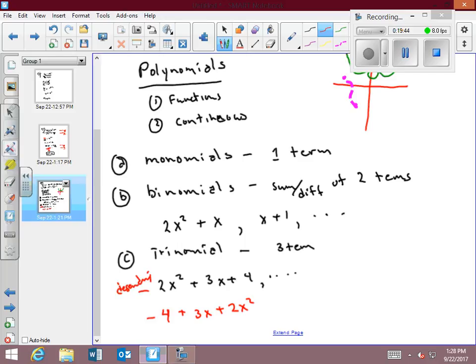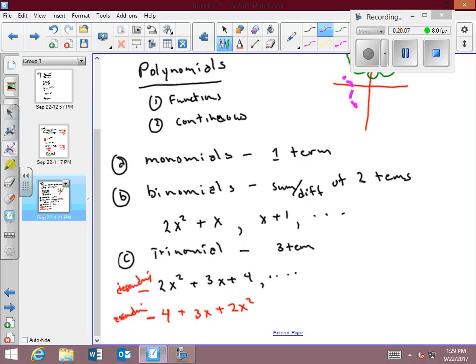This is in ascending order. We would typically write it as 2x squared plus 3x plus 4. We would write the highest degree term first, next highest, and so on down. So when we say descending order, that's what we mean.